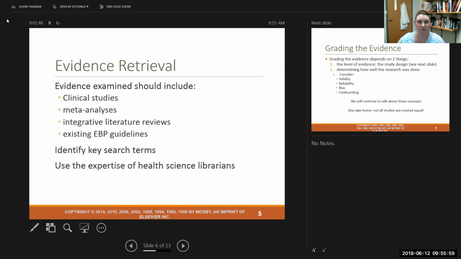incredibly important. Knowing how to do evidence retrieval, that we're looking at clinical studies, meta-analysis, integrative literature reviews, and existing evidence-based guidelines. So again, all of these things that I mentioned here of clinical studies, meta-analysis, integrated literature reviews are all considered to be level 1 evidence.